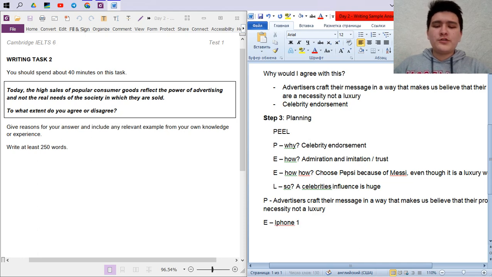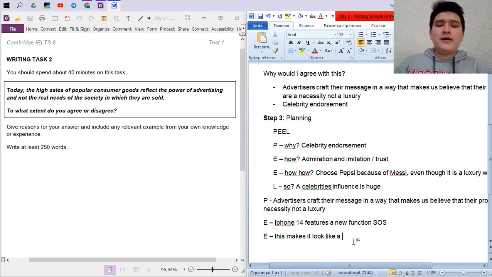All right, so the iPhone 14 featured a new function, like SOS, in case of emergencies. So my explanation for that is, this makes it look like a necessity, right?